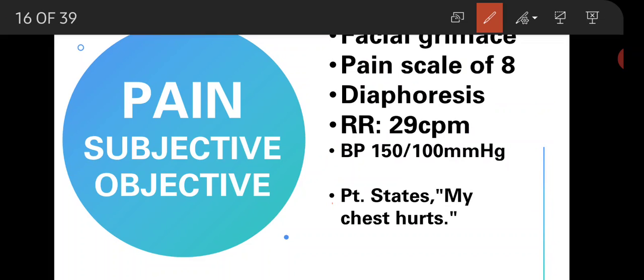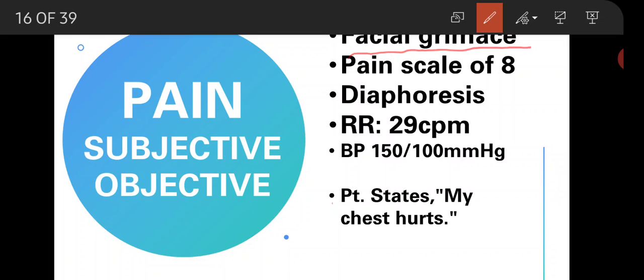Now here we have a patient. Let's say you're making your FDAR and your focus is the pain. The first one is the facial grimace. You are looking at your client, and the client is making this face.